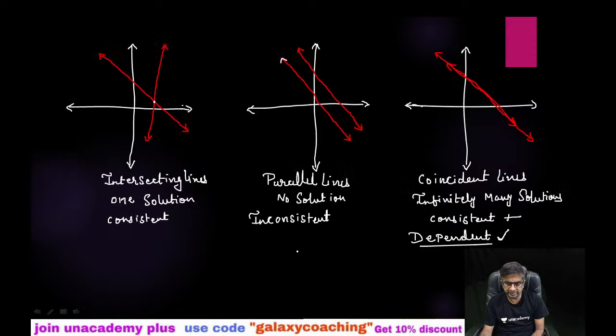Tell me now, in these three, how many solutions are we getting here? Aryan, quickly tell me. Here we are getting one solution, and here we are getting infinite solutions. So on which can you depend more, one solution or infinite solutions?